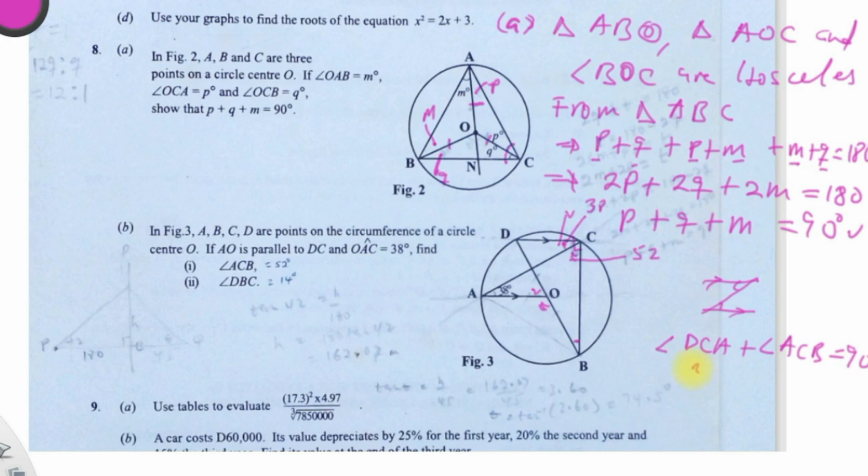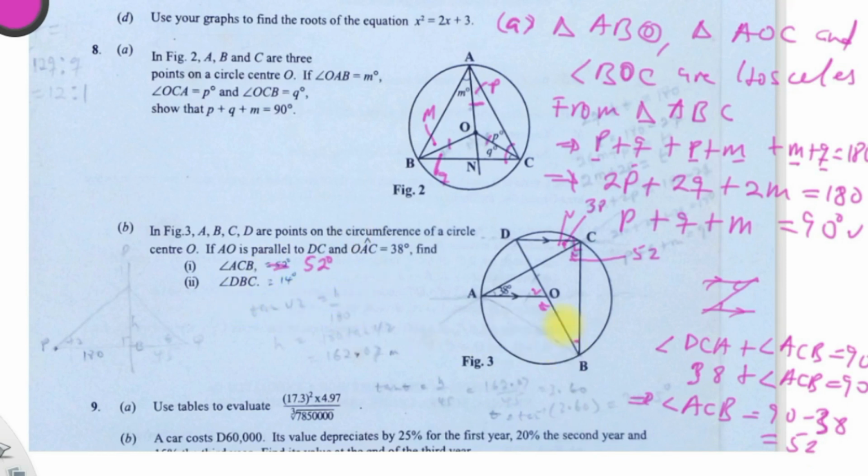So this is 38 plus angle ACB is equal to 90. This implies that angle ACB is equal to 90 minus 38, which is equal to 52 degrees. Have you seen? So this angle is equal to 52 degrees.